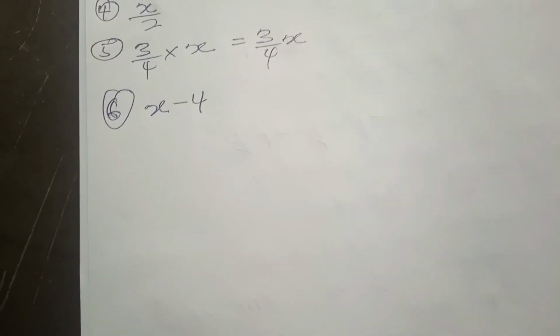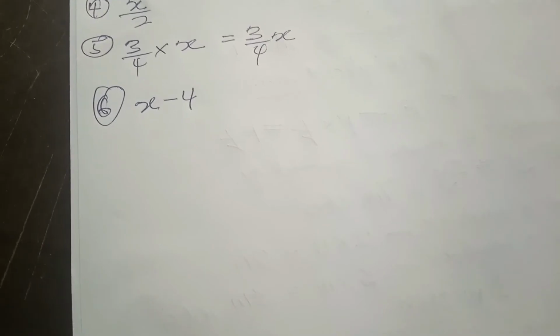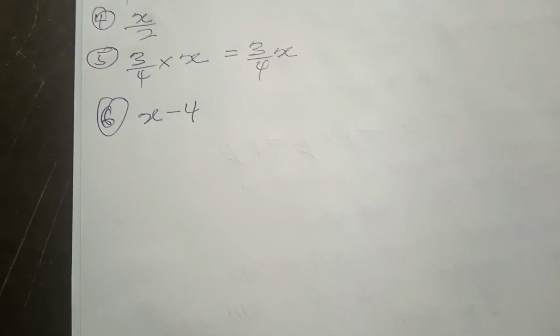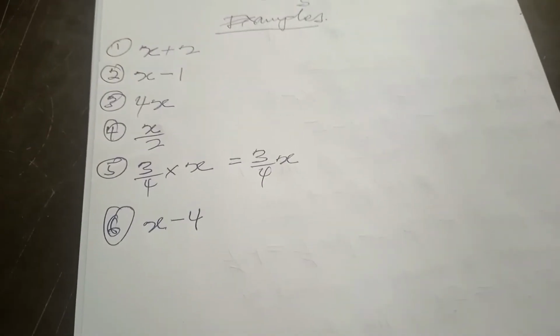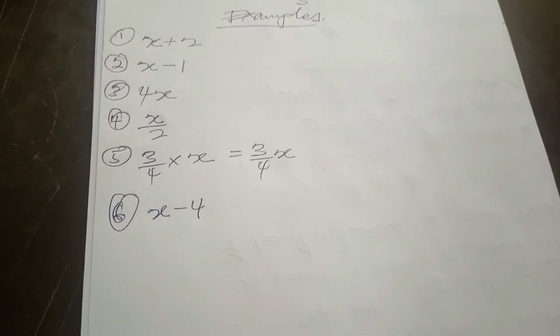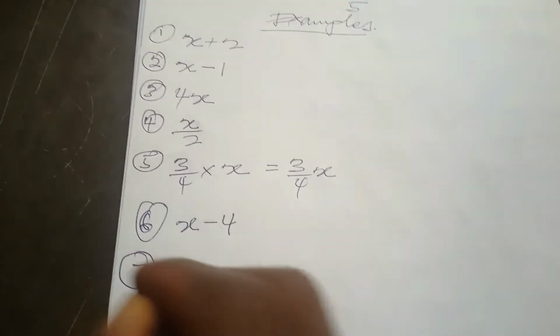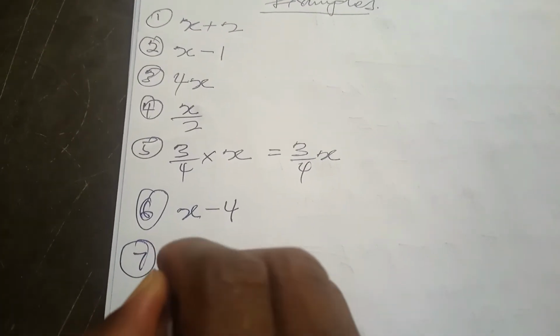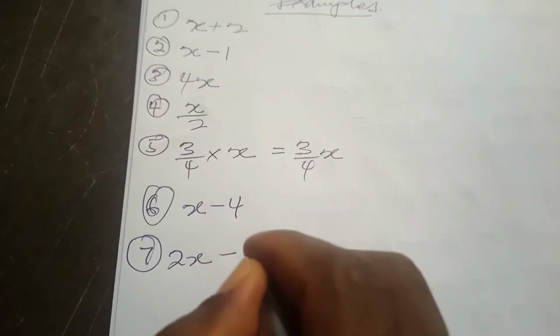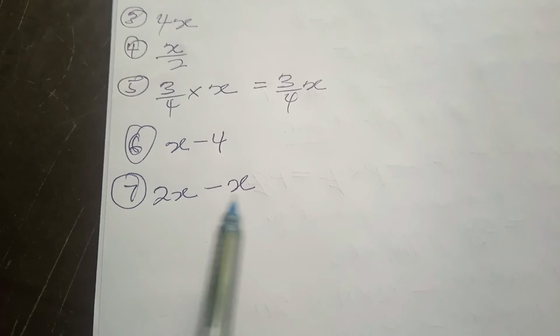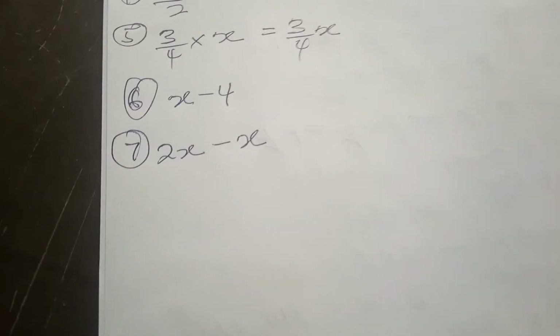Let's take more examples, like x less than 2 times x. Remember how we did it, 4 less than. So it means that it is going to give us 2 times x, which is 2x, then minus x.